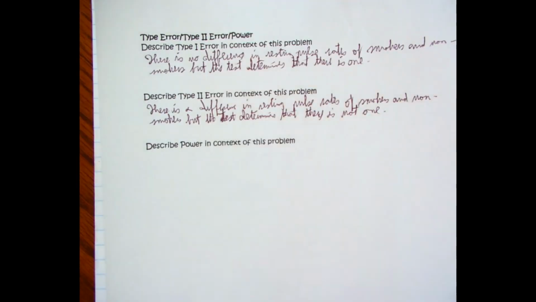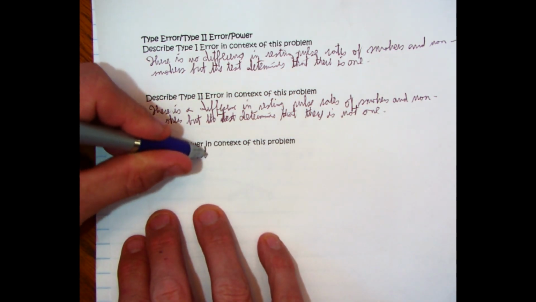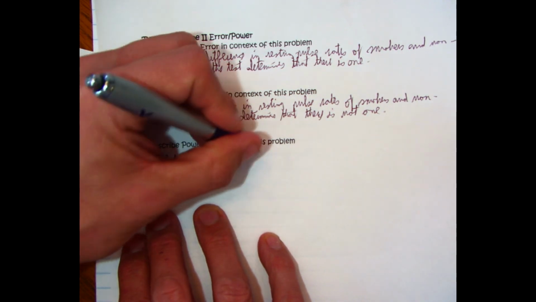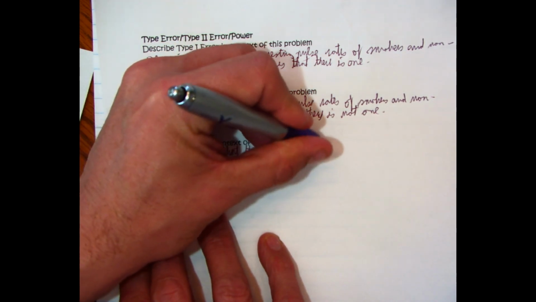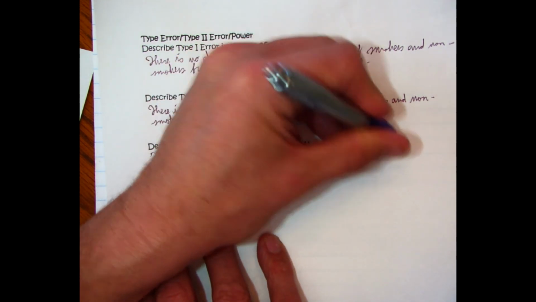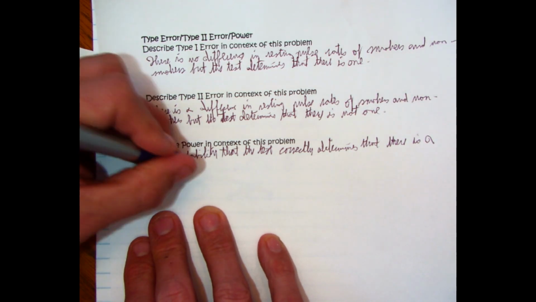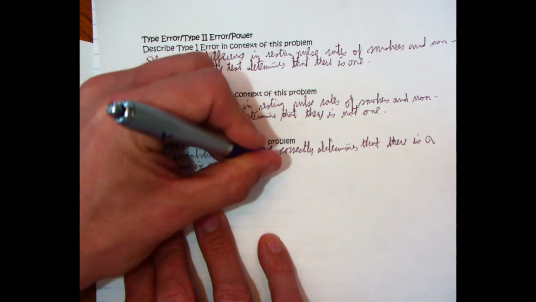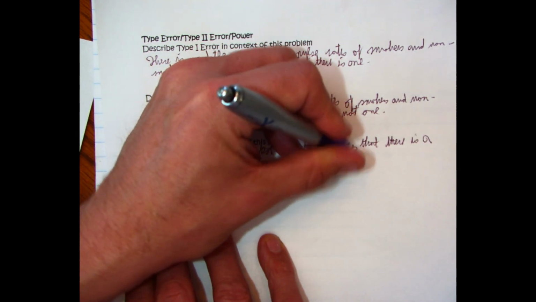So power is the probability that the test correctly determines that there is a difference in the average resting pulse rates of smokers and non-smokers.